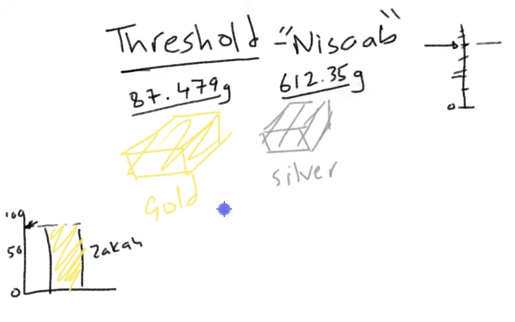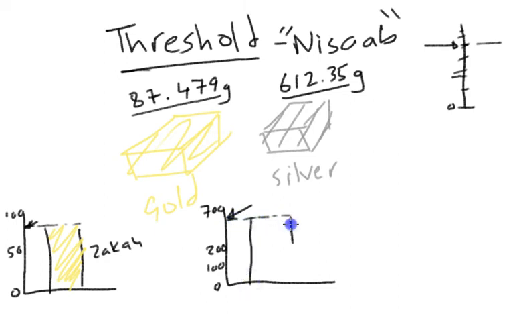So again, if a person had more than this much, let's say 700, and this much is the nisab, so if a person owns more than 612 grams of silver, then that person would have to give zakat. So it's pretty easy. Understanding the nisab is pretty easy.